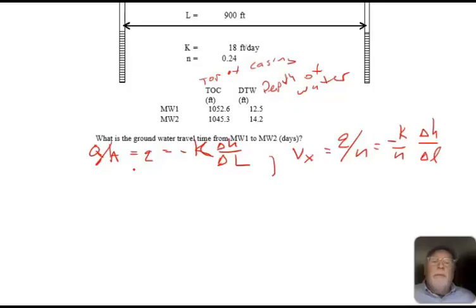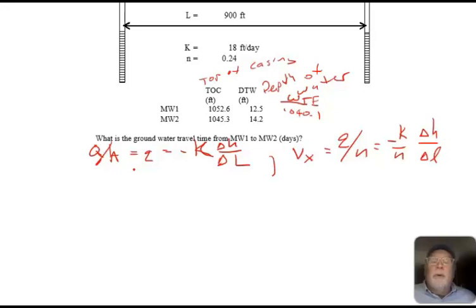So I go up here, the depth of water, and I'll put in here, I kind of wrote over that, but the water table elevation. The elevation of the water table, this first one, 1052.6 minus 12.5 would be 1040.1.